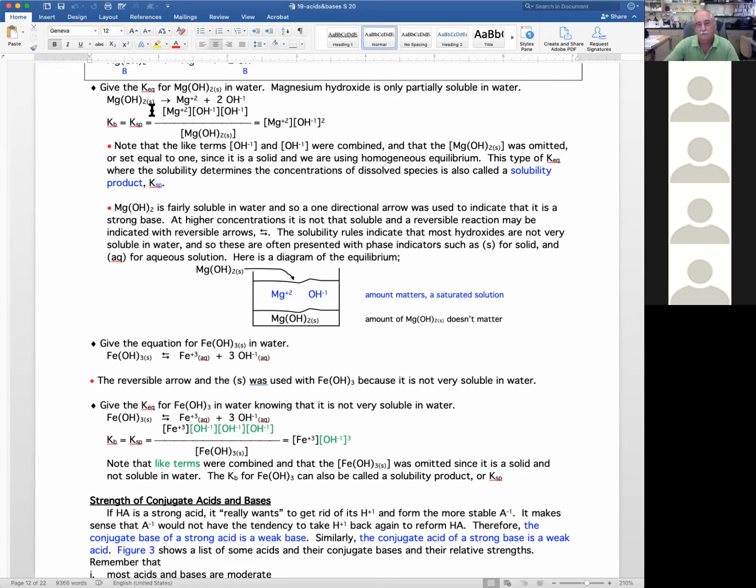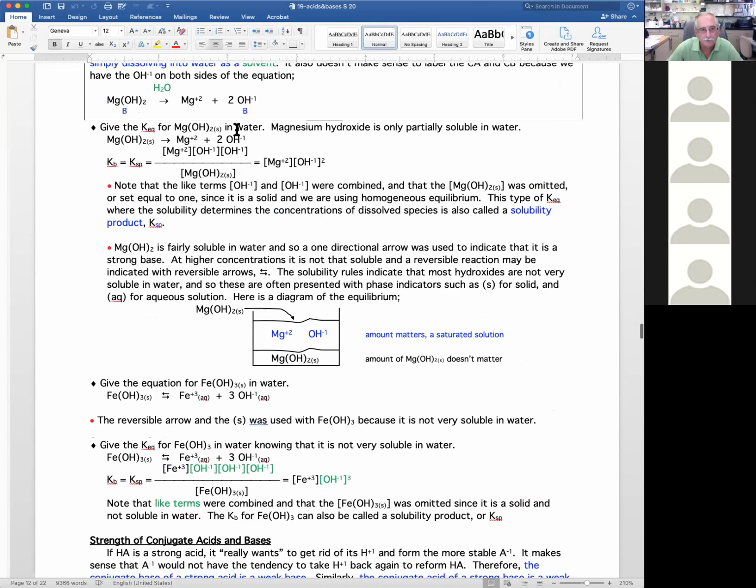If it's not very soluble in water, I'm going to get a saturated solution. Nevertheless, I take the products, put them over their reactants. Notice that this times this is now squared, right? And I'm leaving out pure liquids and pure solids.